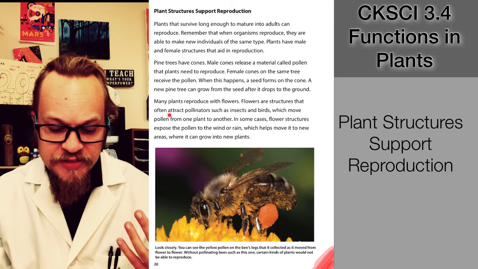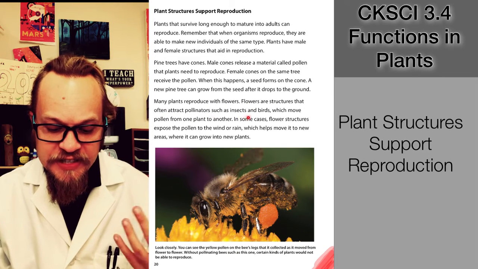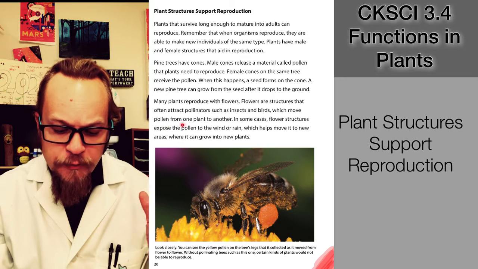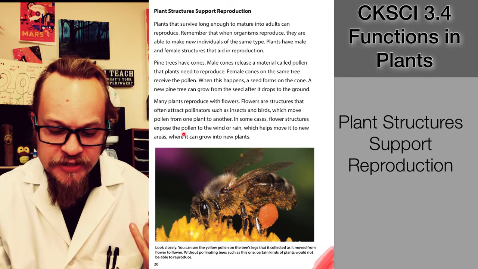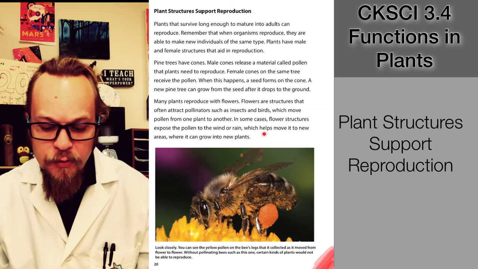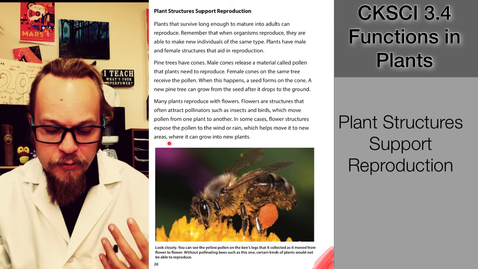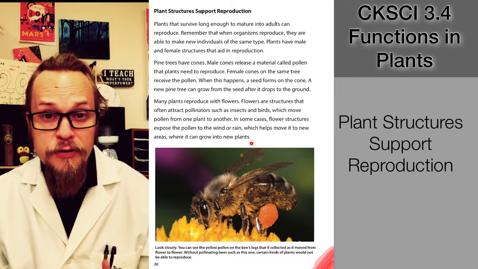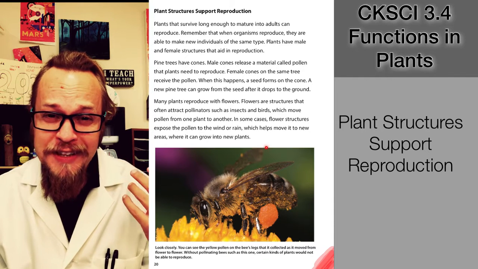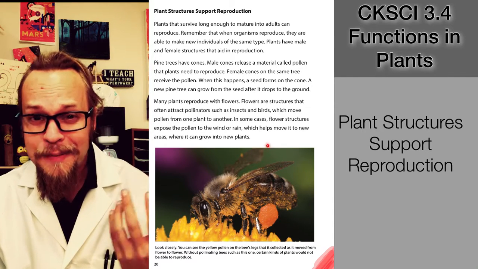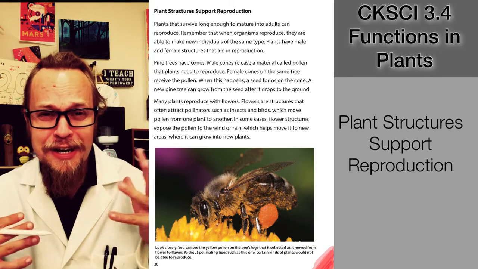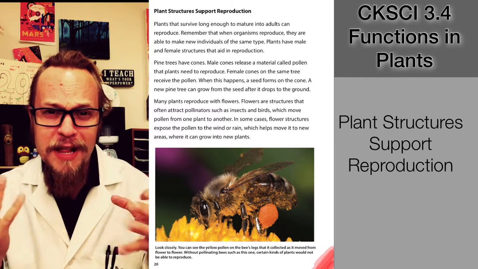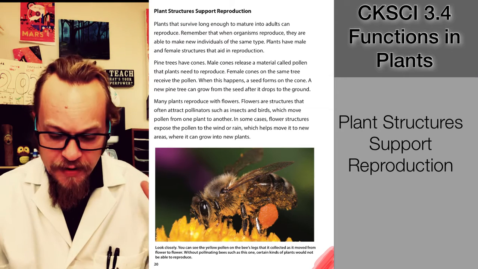Flowers are structures that often attract pollinators, such as insects and birds, which move pollen from one plant to another. In some cases, flower structures expose the pollen to the wind or rain, which helps move it to new areas where it can grow into new plants, or to really make it miserable for anybody who has seasonal allergies, especially March and October when the plants are pollinating or leaves are falling.